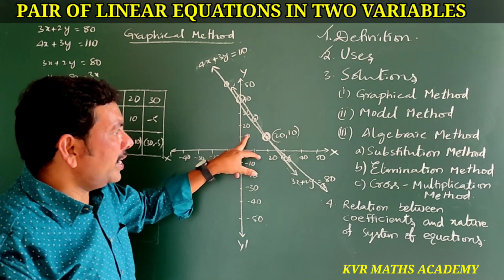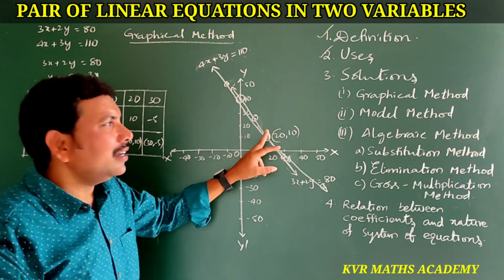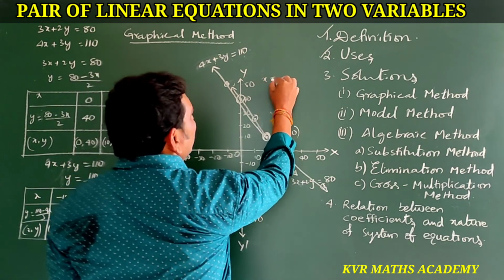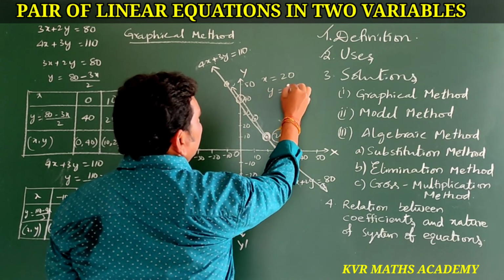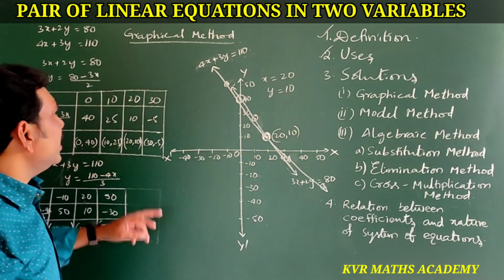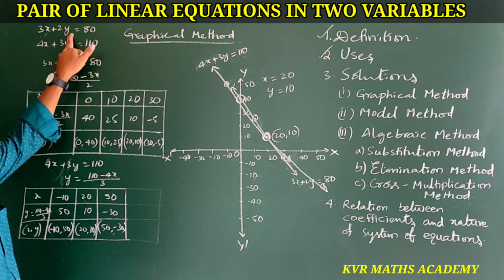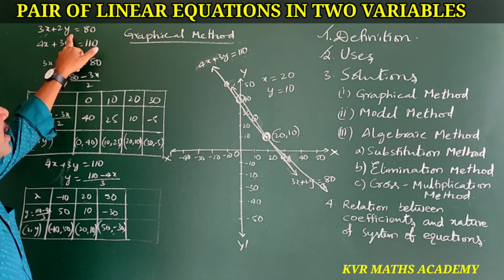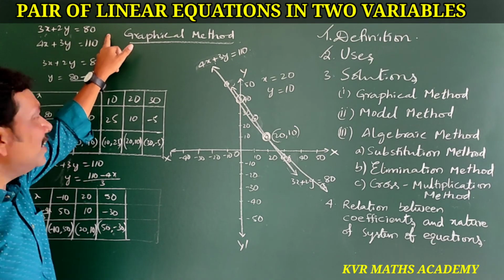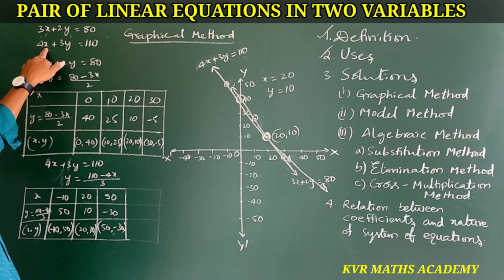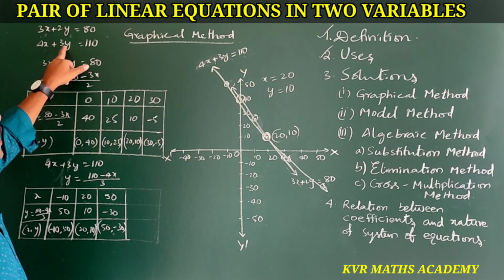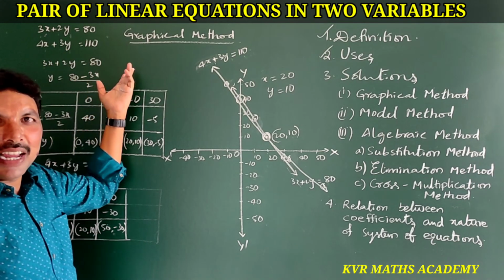If you substitute in the same equation, 3 into 20, 60, 2 into 10, 20, 60 plus 20, 80. Next, in the same way, 4 20s are 80, 3 10s are 30, 110. Both are equal or not?